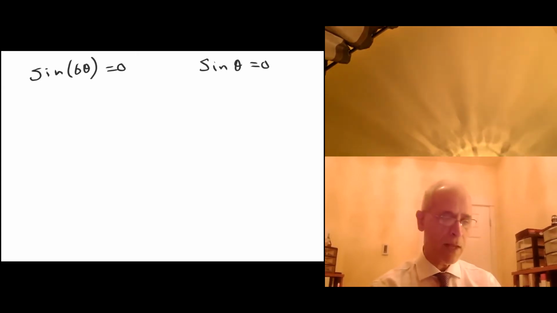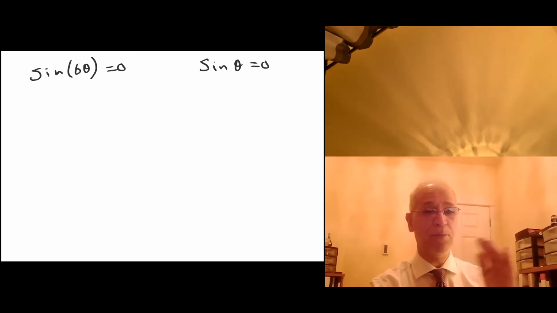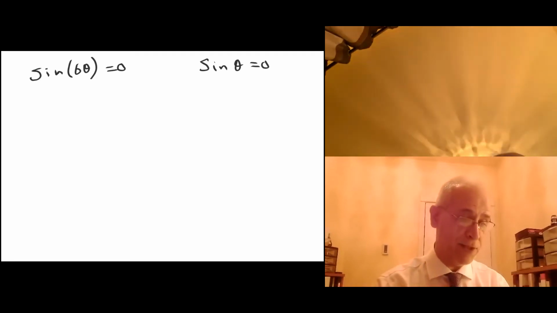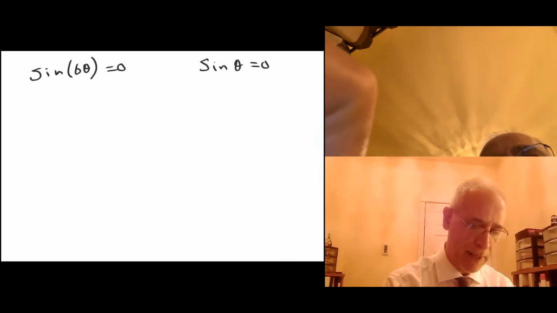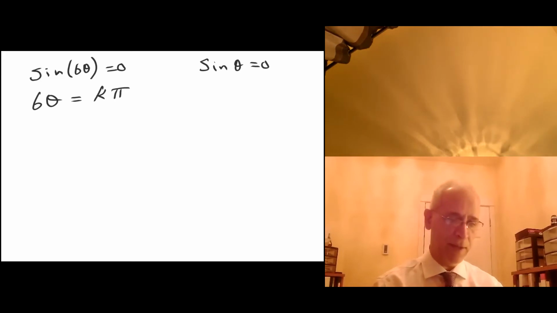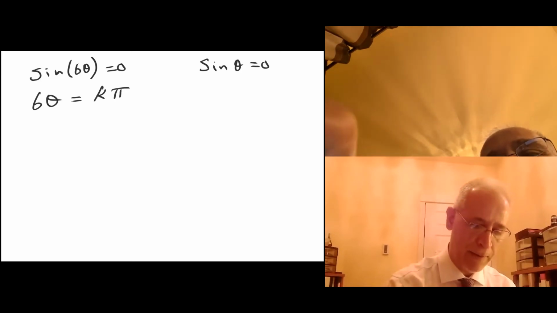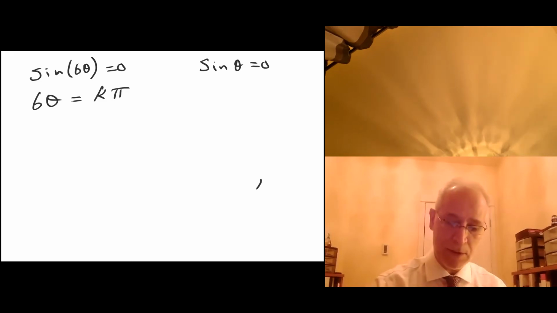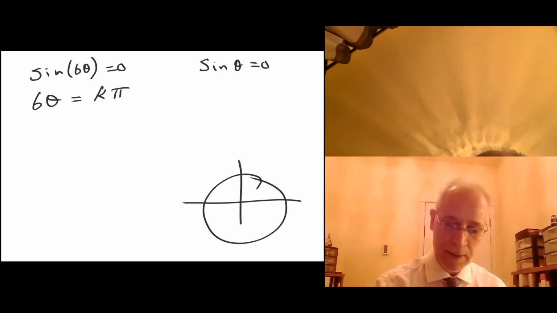So where is sine 0? Sine is 0 at 0 and pi, and every multiple of pi. So I'm going to say that 6 theta equals k pi, which will encapsulate everything. When k is 0, we are here.